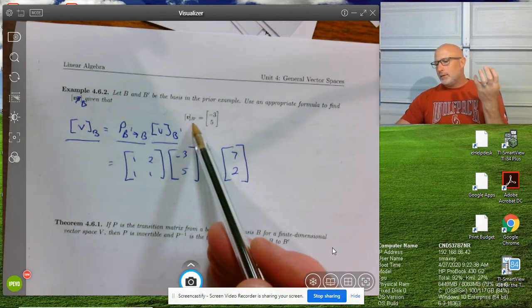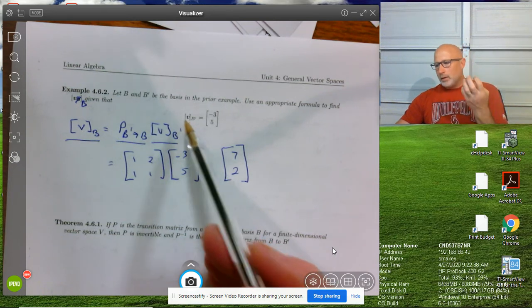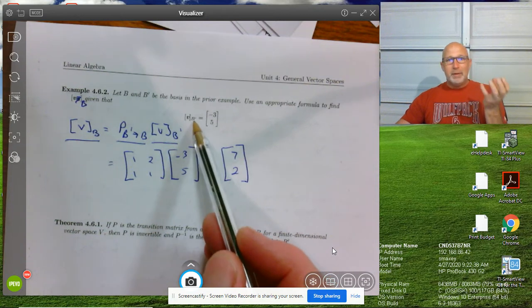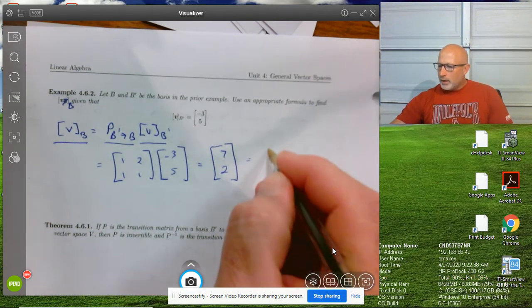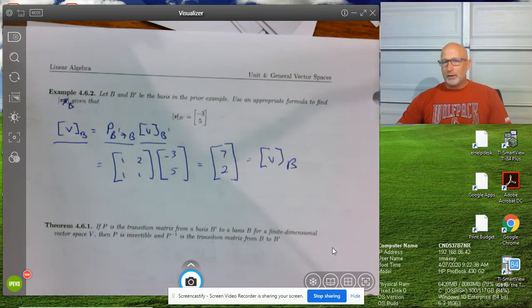So if I'm going to define V under the rules, the laws, of the basis B prime, I'm going to call that negative 3, 5. On the other hand, what I just figured out here is if I call this same exact vector based off of what B is equal to, then we call it 7, 2.